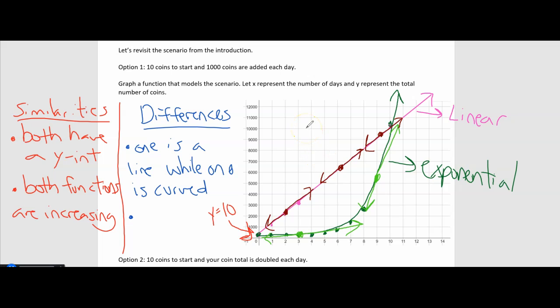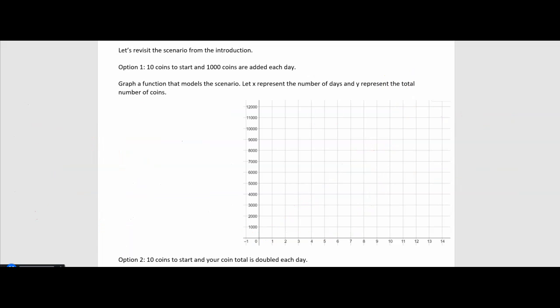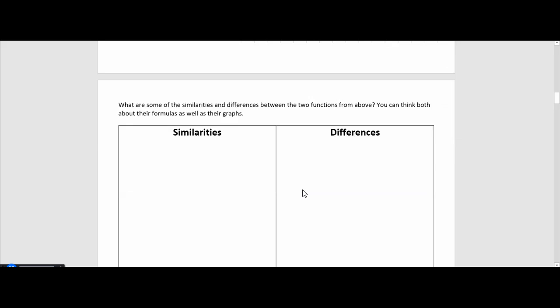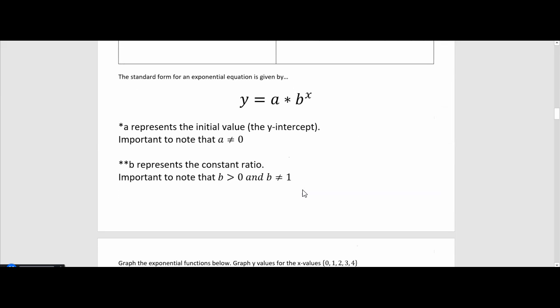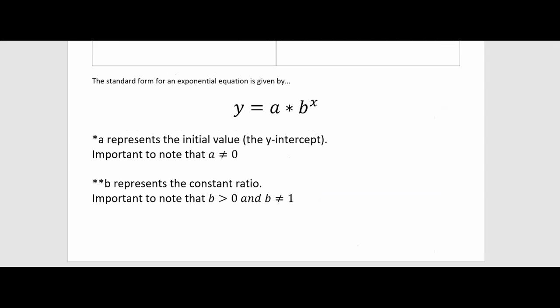Now we're going to look at what the equation of an exponential function looks like. So let's jump down to this part. Here we have the standard form for an exponential equation. Just like we had general forms for linear equations, we had several different forms.